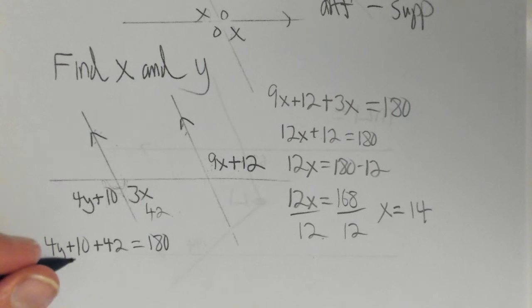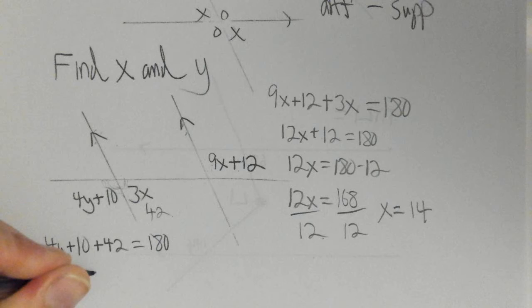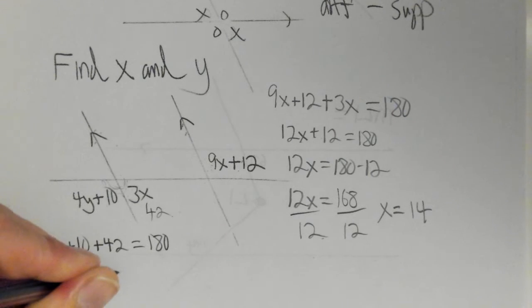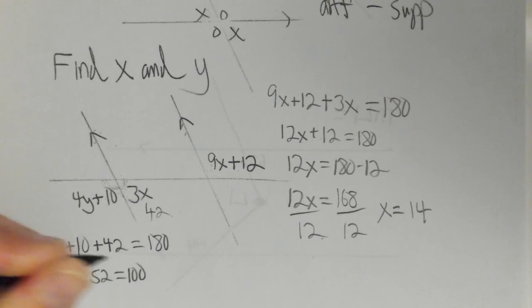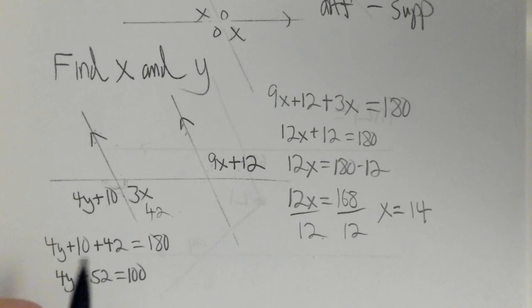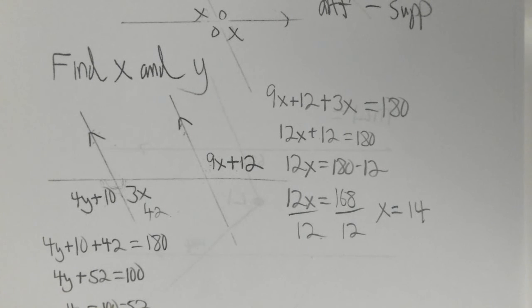And so again, 10 plus 42, 4y plus 52 equals 180. Subtract 52 from both sides. 4y equals 180 minus 52.